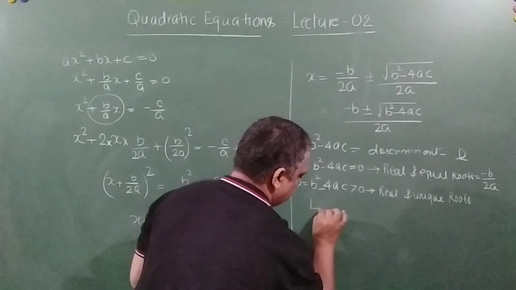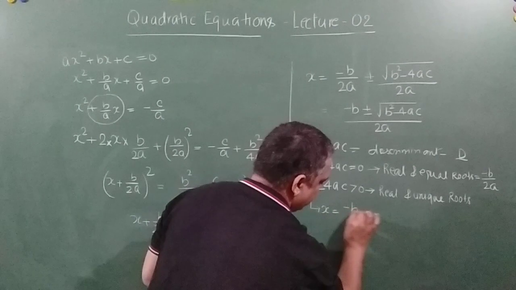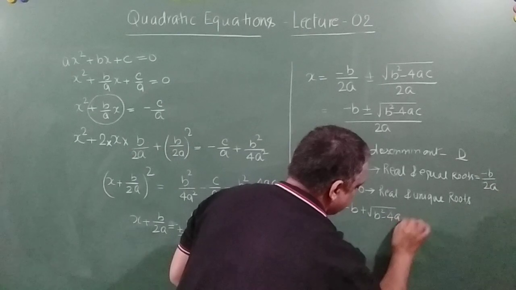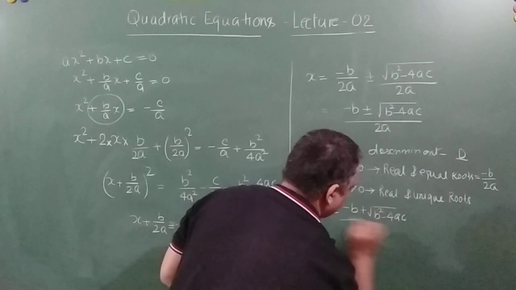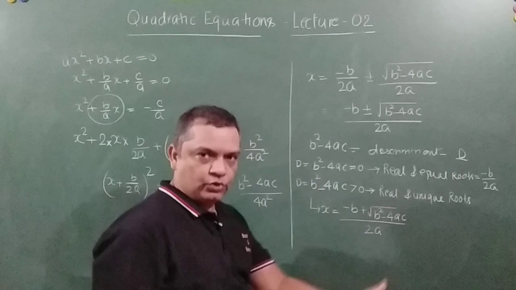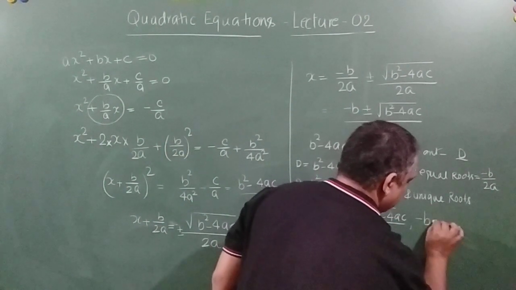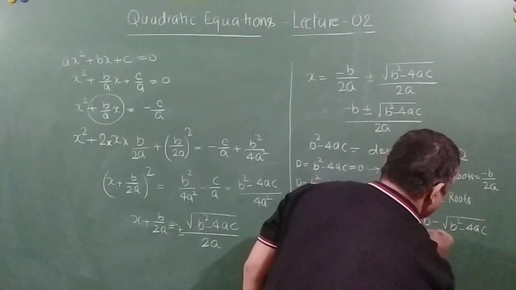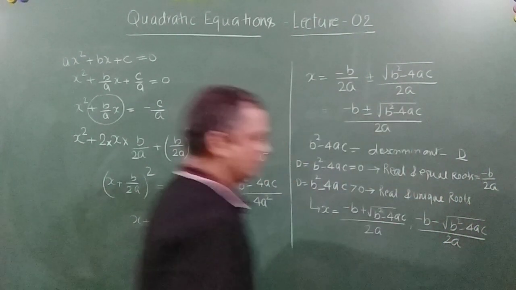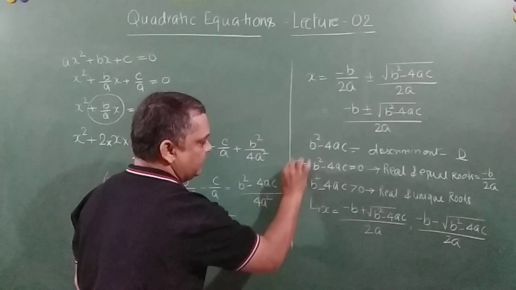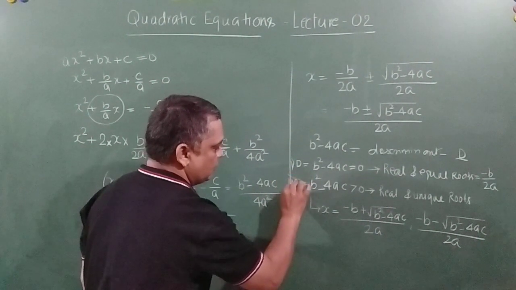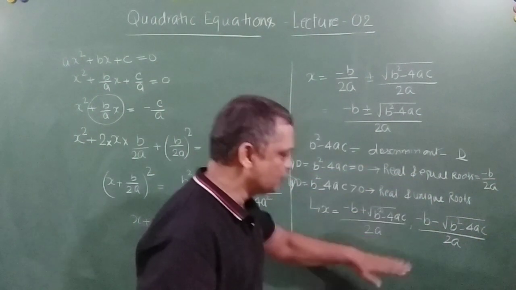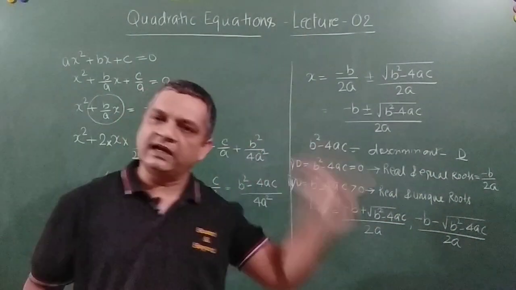So x will be minus b plus square root of b square minus 4ac divided by 2a will be one of the roots, and minus b minus square root of b square minus 4ac divided by 2a will be the another root. Okay, for this condition, condition 1, this is the root. For condition 2, real and unique roots, these will be the two unique roots for that quadratic equation.